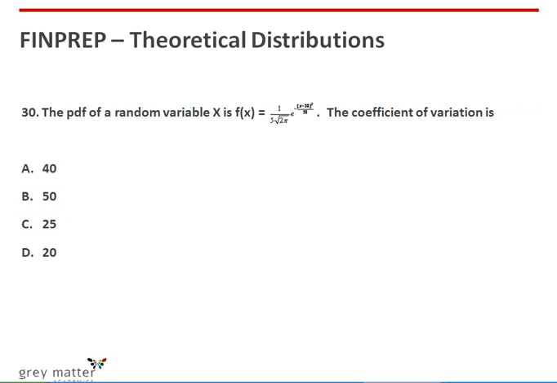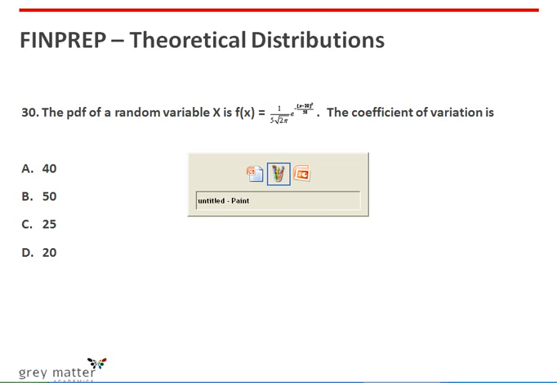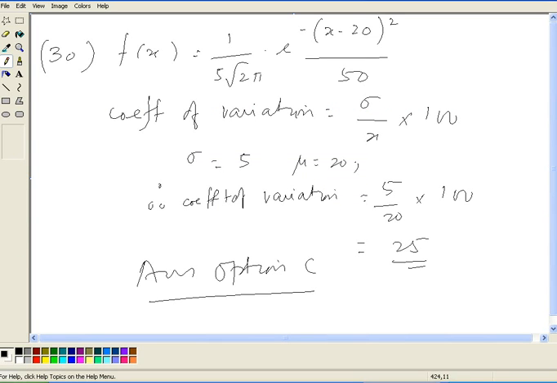30th problem. The probability distribution function of a random variable x is f of x equal to 1 by 5 root 2 pi e power minus (x minus 20) whole squared by 50. We need to compute the coefficient of variation. Going to our work area, from the given equation, sigma is 5, mu is 20.